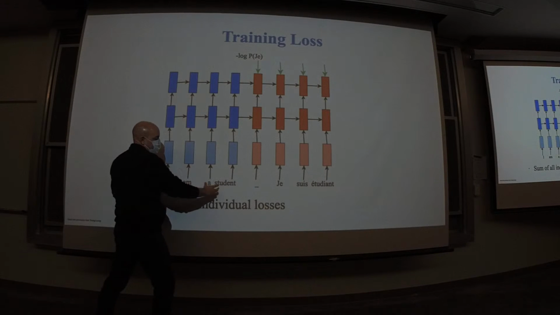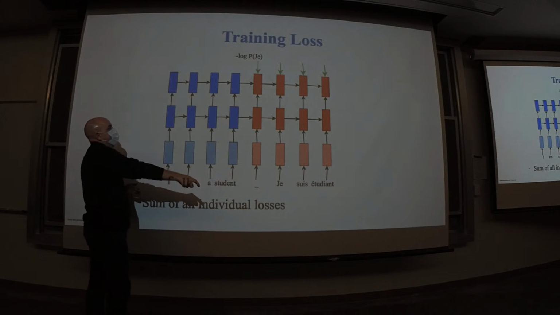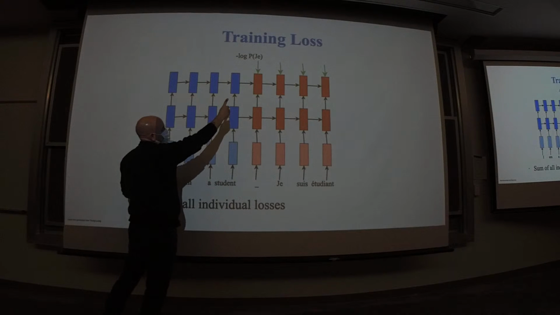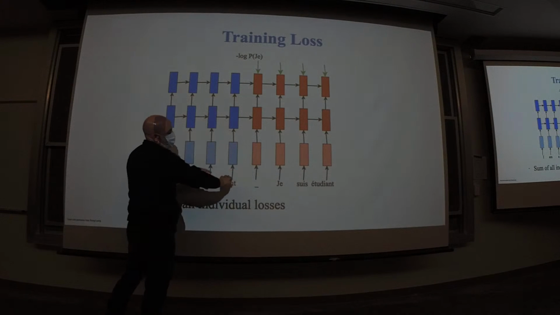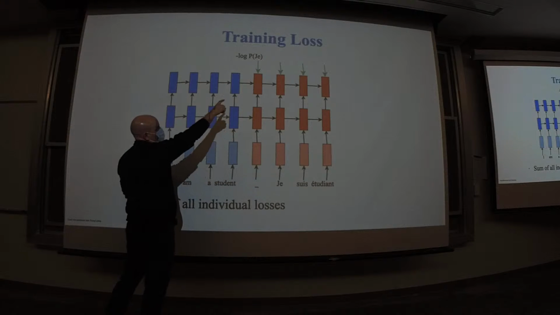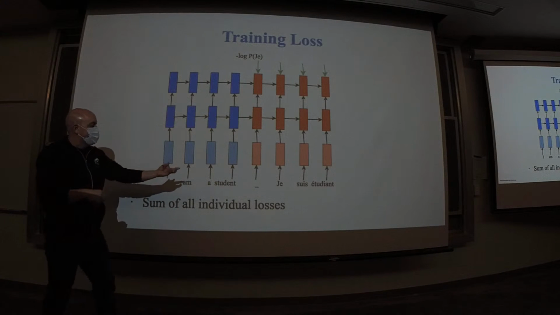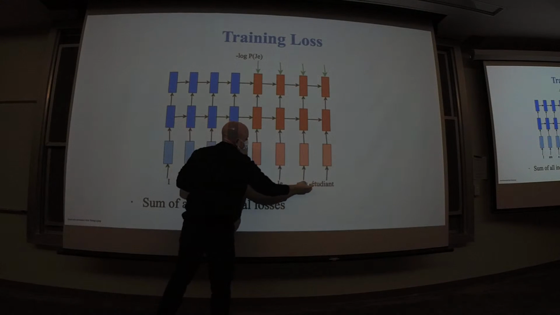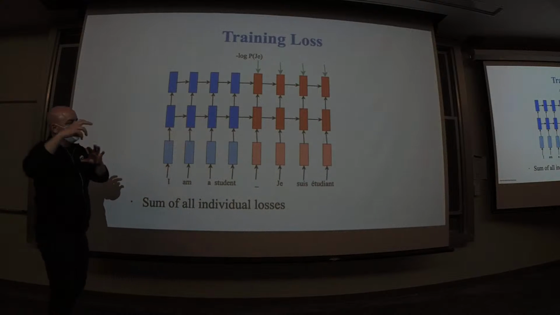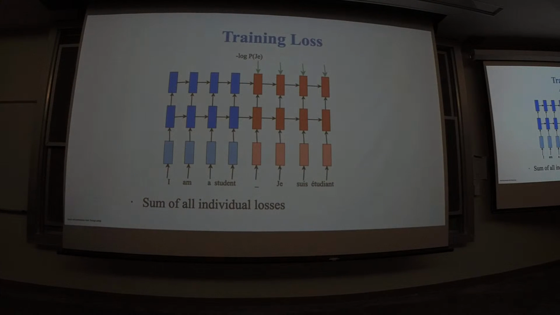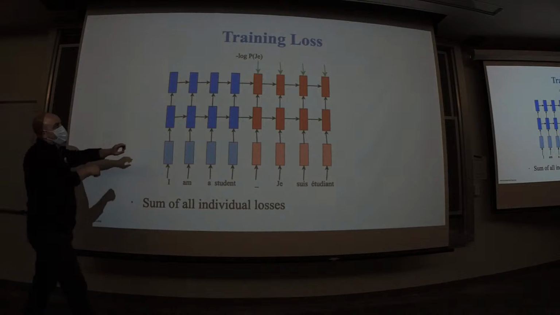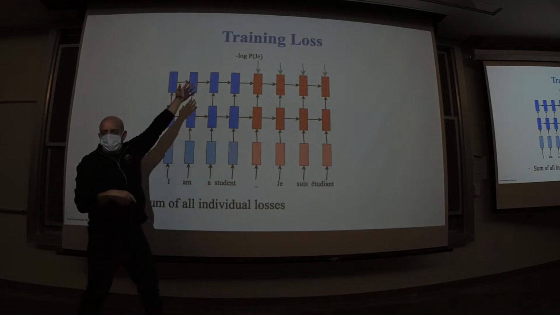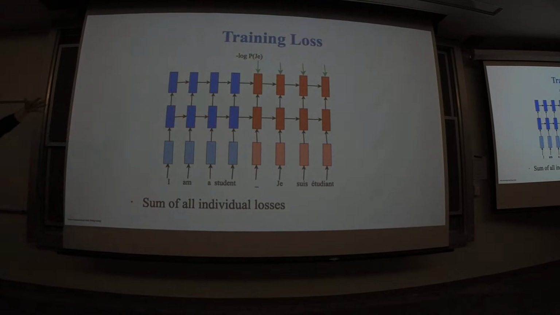Here, your sample is this pair of phrases, and then you actually have multiple labels. It's the whole sequence you want to decode to. But for each token in the phrase you want to translate to, you're going to have a contribution to the loss. That's going to look like this negative log likelihood term here.